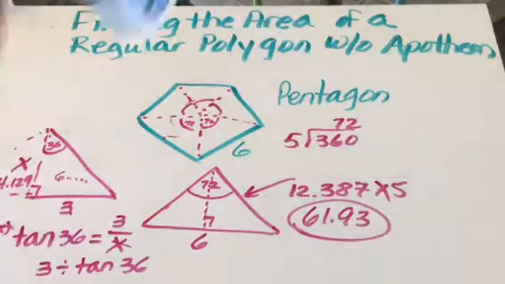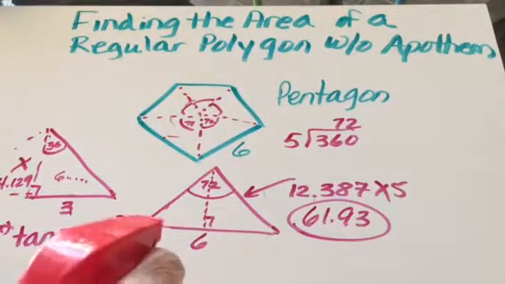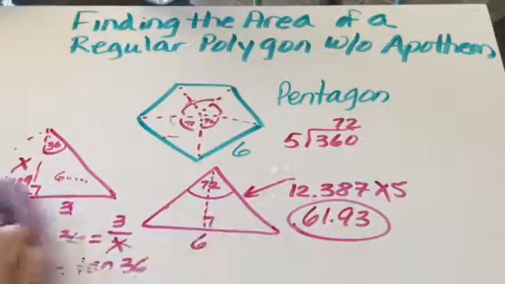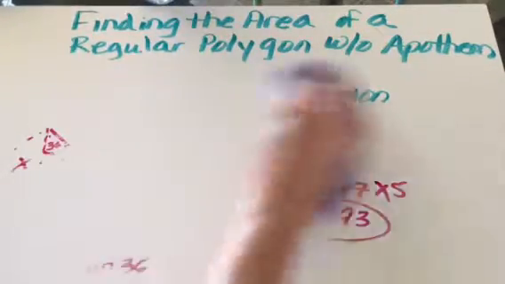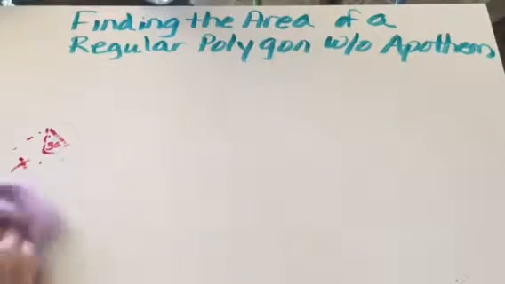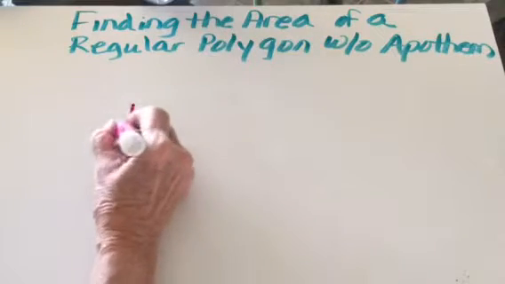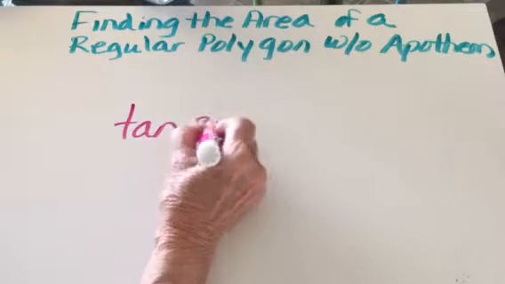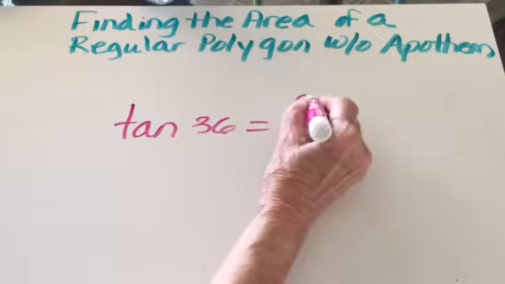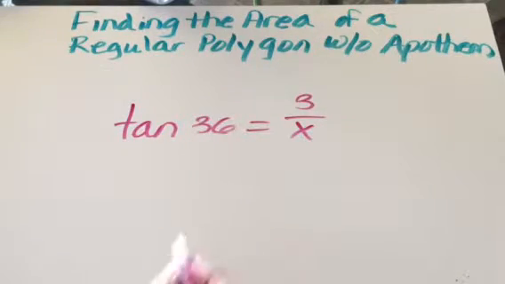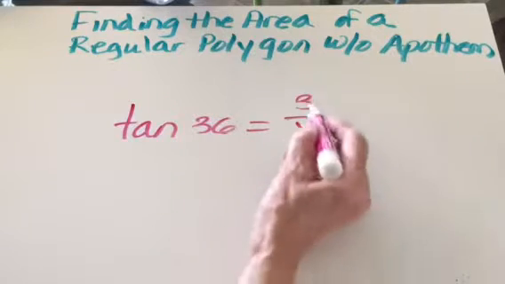I do want to show you something quickly. Tangent of 36 equals 3 over x. Can I remember that? Let me review with you how to do this. This is a fraction.